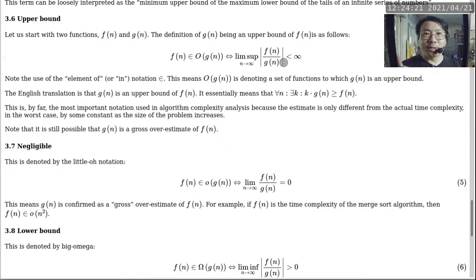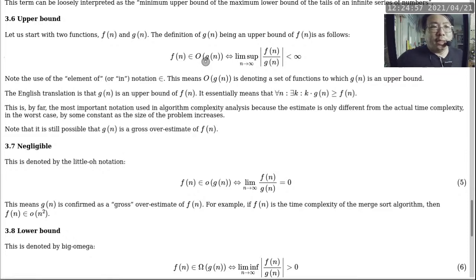So as long as the ratio of f of n divided by g of n, as n approaches infinity, is not infinity, we are still fine. As long as it settles down, f of n would still be considered an element of big O of g of n.